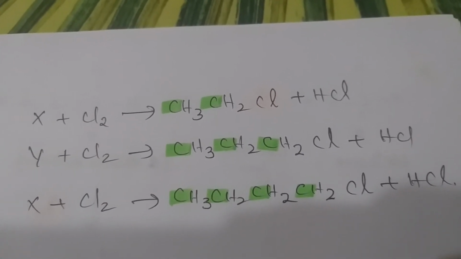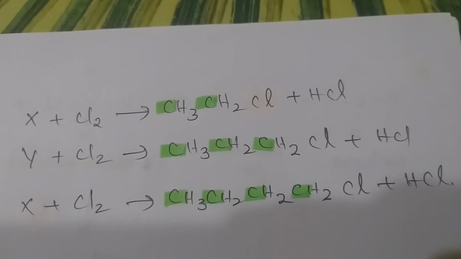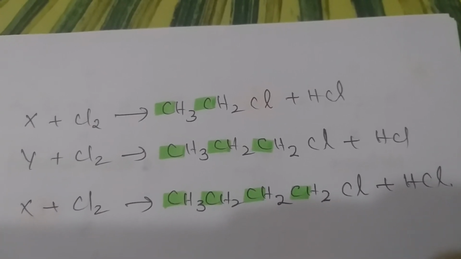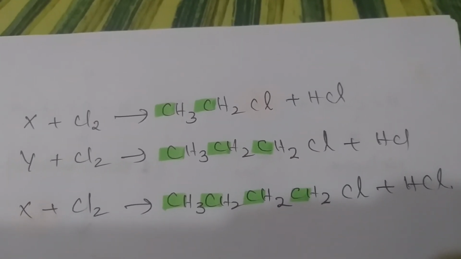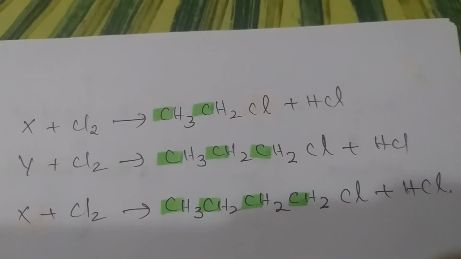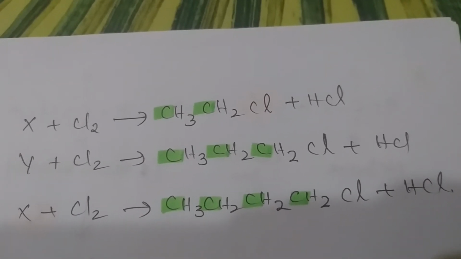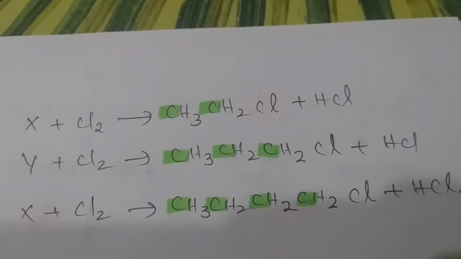X plus Cl2 gives chloroethane, right? If there are two carbons, the name should start with eth. So what can be added with chlorine to get chloroethane? It should be ethane. So the answer for X is ethane.